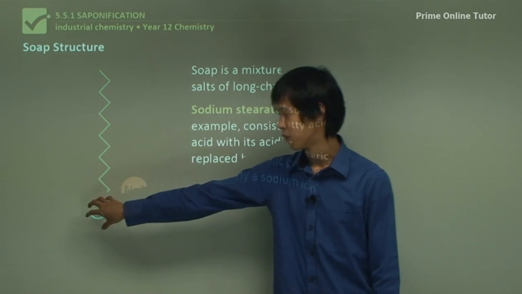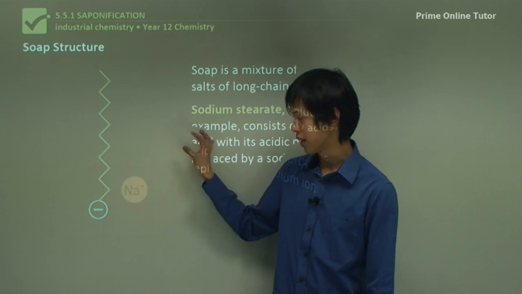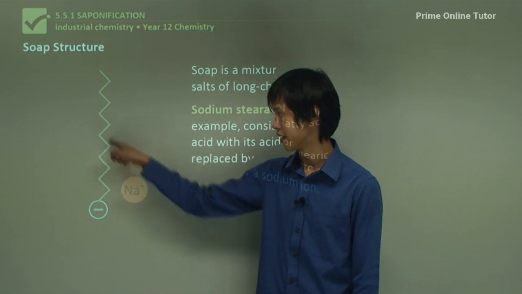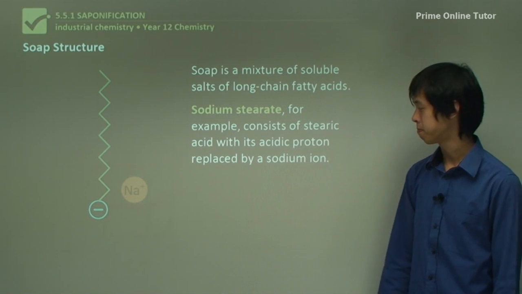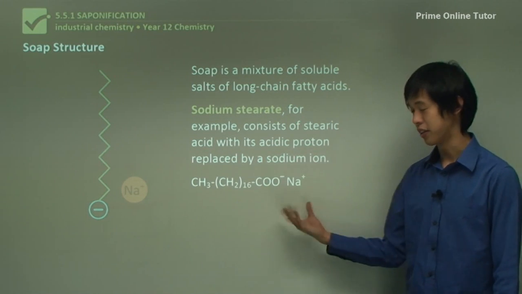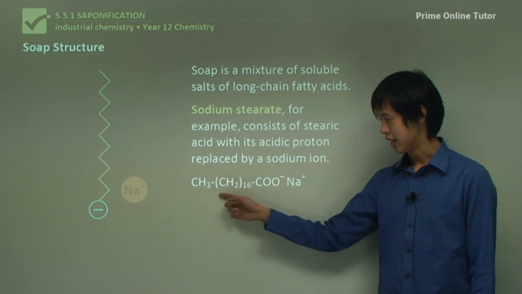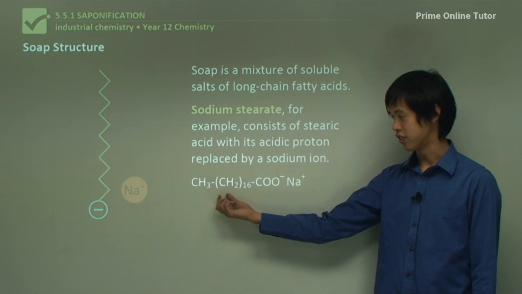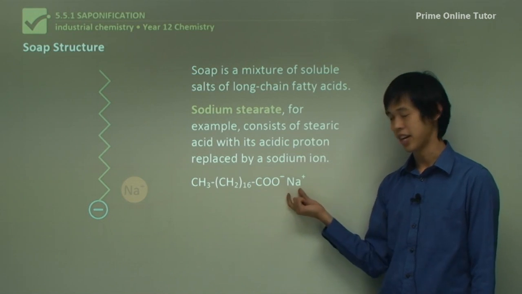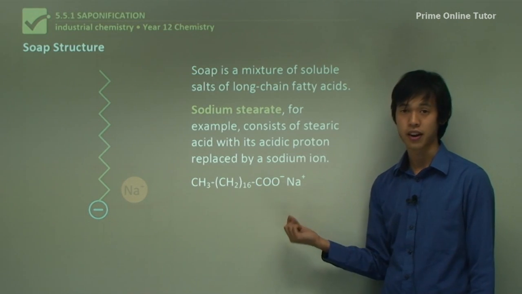When you put it in water, this dissolves and goes away, leaving a negative charge here, a negative head on the end of a stearate chain. So this is the molecule that we saw before: CH3, CH2 times 16, COONa. This is our sodium stearate molecule.